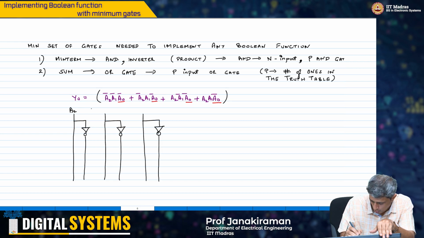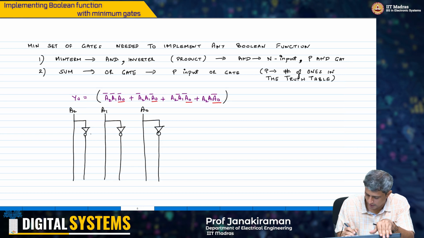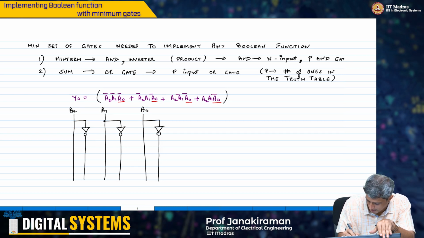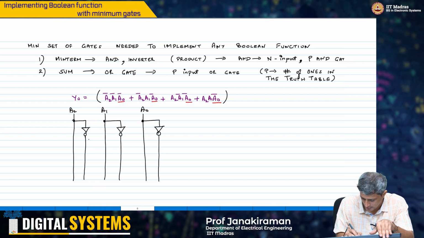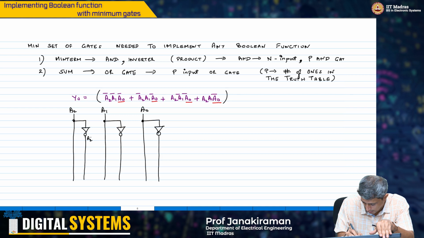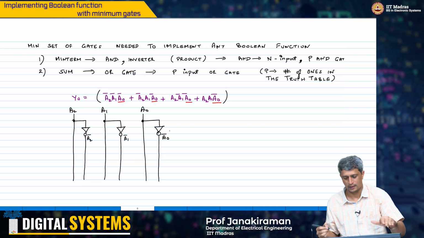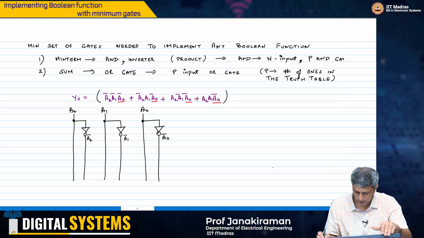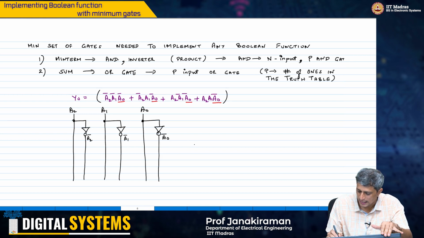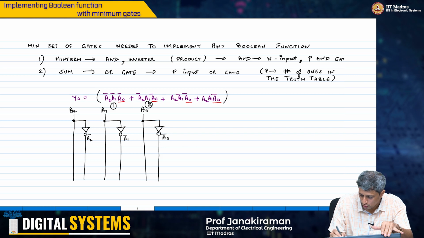this is A2, A1, A0. The inverted versions are coming out nicely here on these other lines. So this is A2 bar, A1 bar and A0 bar. Okay. So if I want to implement Y0, I need how many AND gates? 1, 2, 3, 4, right?